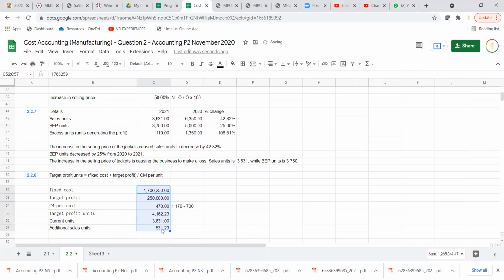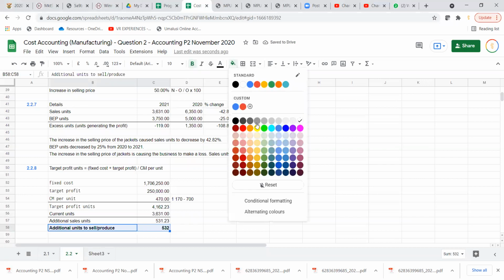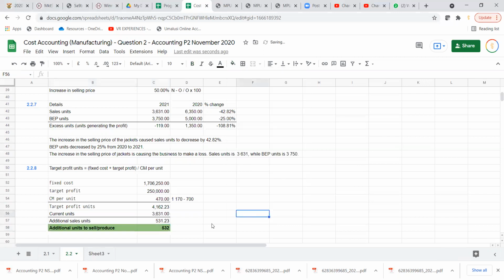So it's 531.23, but you can't produce 0.23 of a jacket. You have to produce a full jacket, so therefore it needs to be 532 additional units to sell and produce. So the final answer is 532.